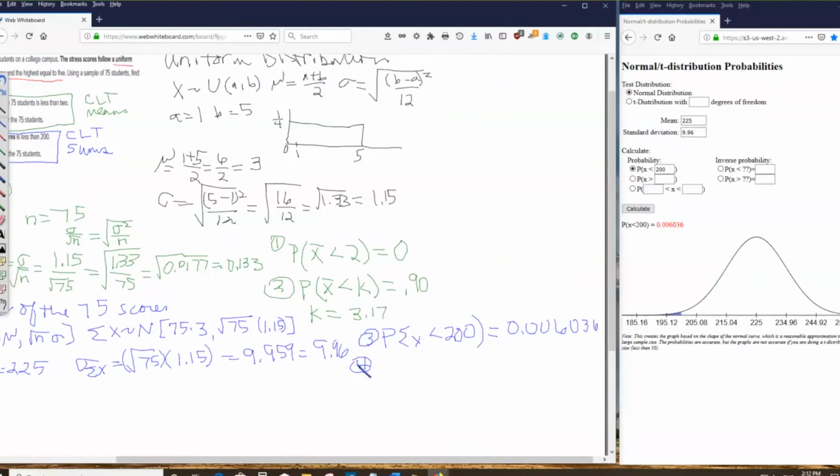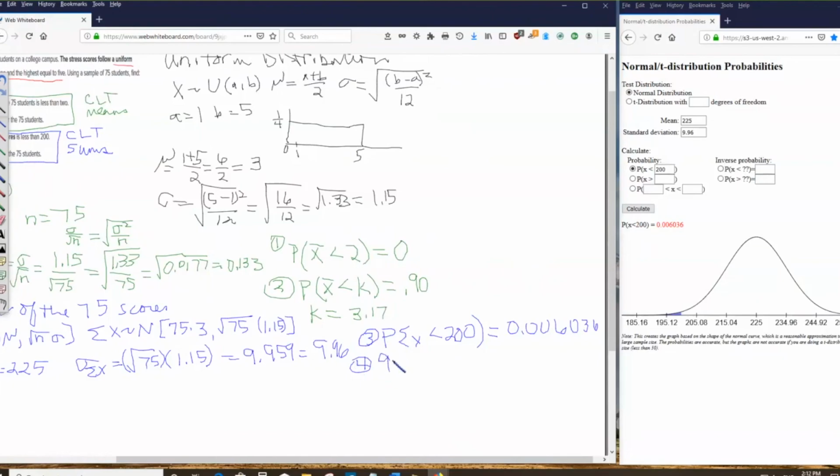The fourth problem, the last problem, is finding the 90th percentile.